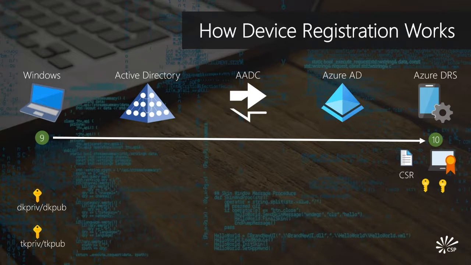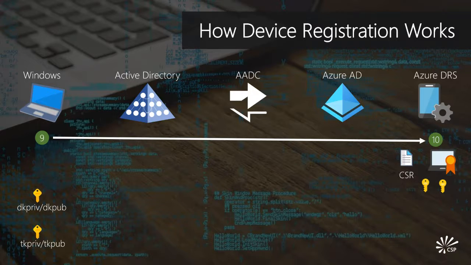So the next step for Windows is to create two key pairs, a device key pair and a transport key pair. Both of these key pairs live and are secured within the security processor or the TPM chip on that Windows computer. Because the self-signed certificate couldn't be used for authentication, Windows then creates a certificate sign-in request, or a CSR, so that it can request a device certificate from Azure.